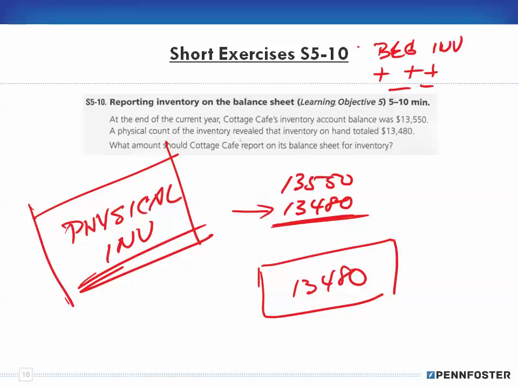Is it possible for you to accurately record every purchase and every sale? Yes. But what happens when somebody drops one of those cartons of eggs? Now that's a loss. What if somebody steals one of the cartons of eggs? That's a loss. You don't have any way of recording that because no transaction occurred where you purchased or sold, and you have a receipt or an invoice for that purchase or sale.